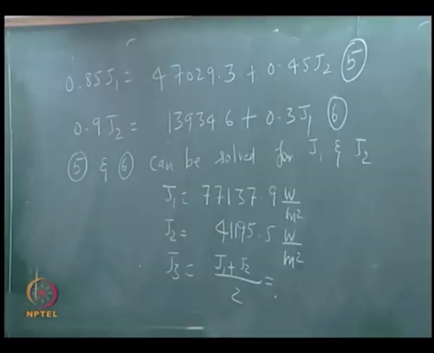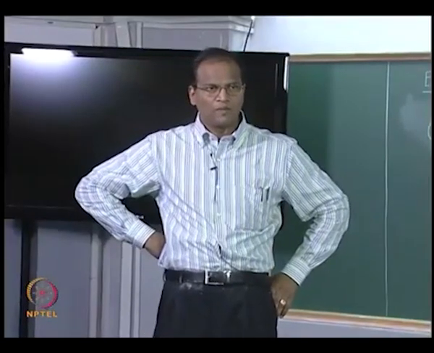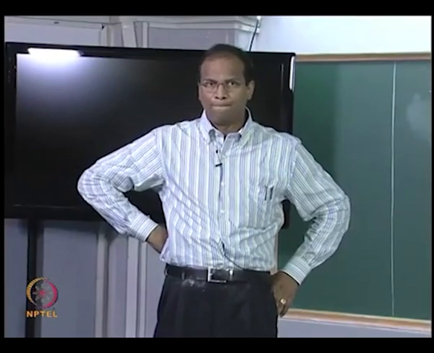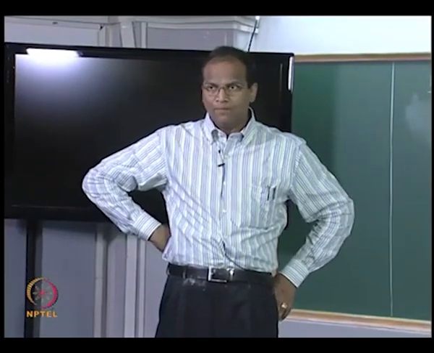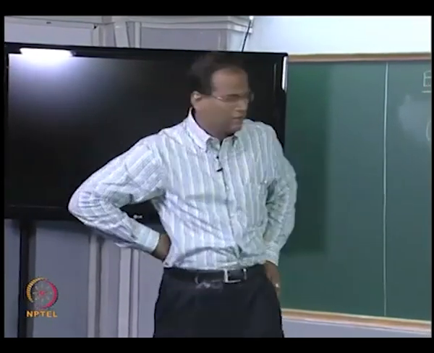Because it is an equilateral triangle, J3 equals 0.5 J1 plus 0.5 J2, which gives 59.